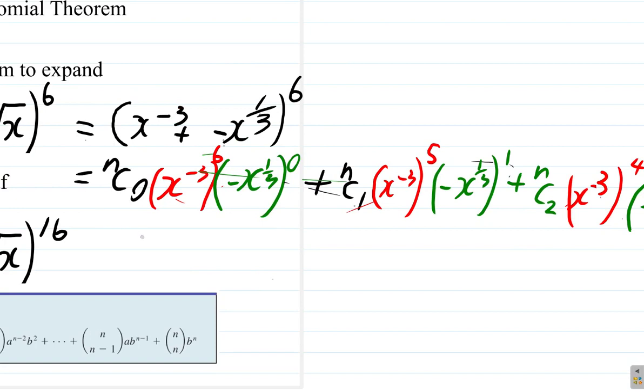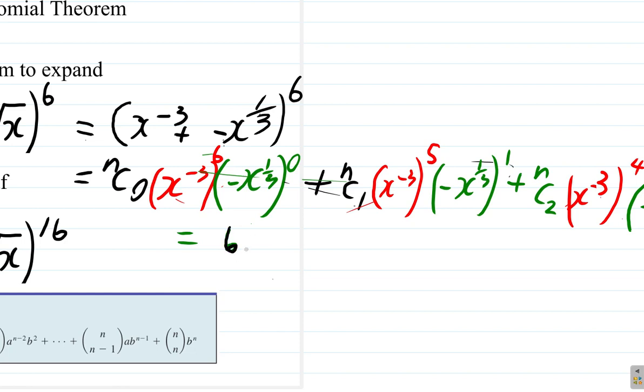Now, let's see what happens here. The n that we're talking about is 6. So, let's write it now as 6.